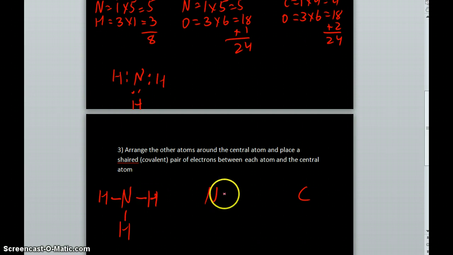Now, the same thing for nitrate, only in this case we have 3 oxygens arranged around our nitrogen and a shared pair between each. And in carbonate, we also had 3 oxygens surrounding the central carbon, shared pair each. So pretty simple. Arrange the other atoms and basically create a force of attraction between them by sharing a pair of electrons.